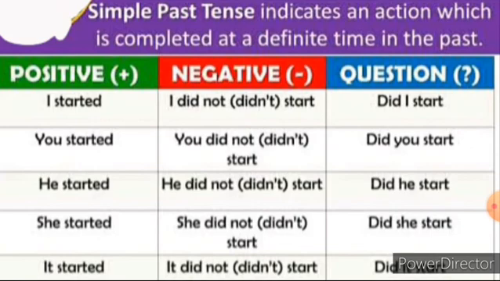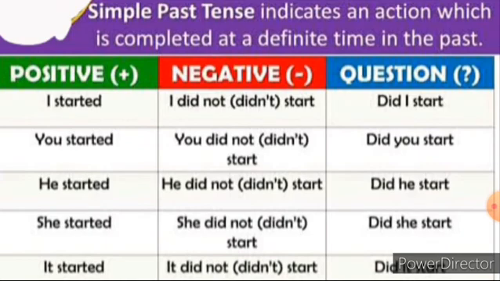The next is the interrogative, or you can say a question. The same verb form is used here. What is the question word mentioned here? Did. What is the person mentioned here? First person singular, I. Did I start? For the past form you should begin the question with did. Did I start?